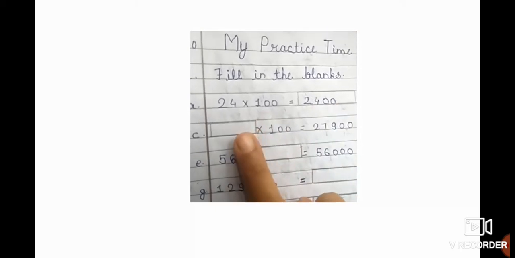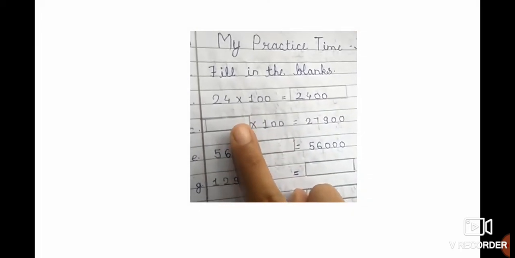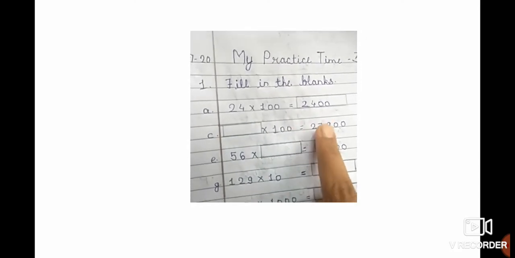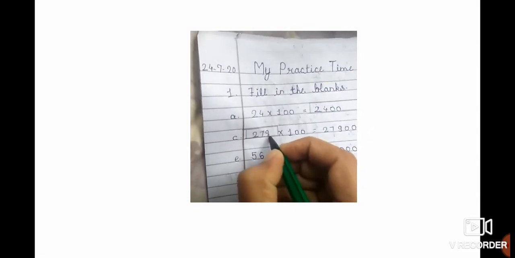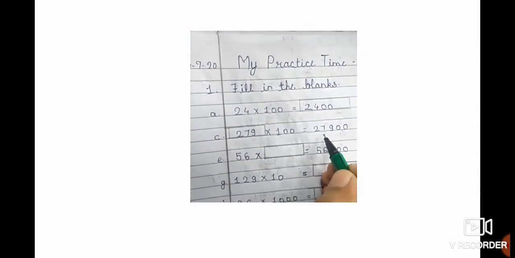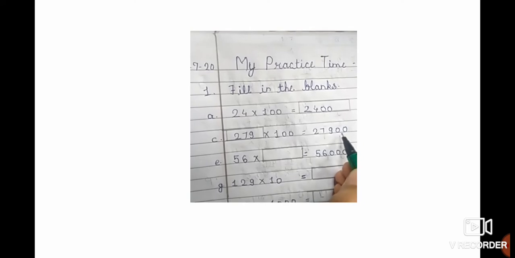That means here we have to multiply 279 into 100, then we will get this answer. So our answer is 279. Why? Because after 279 only two zeros are there.